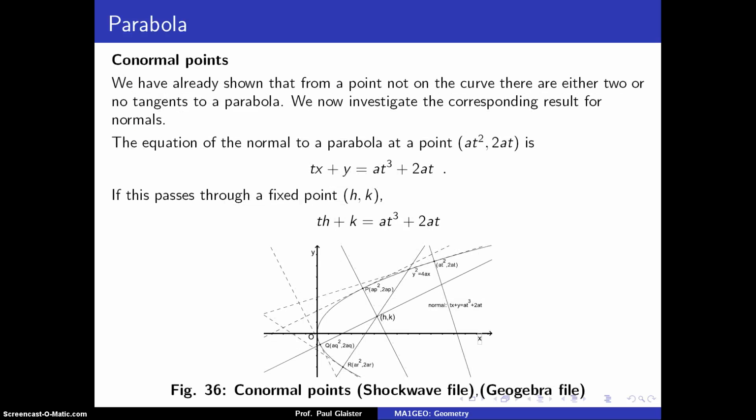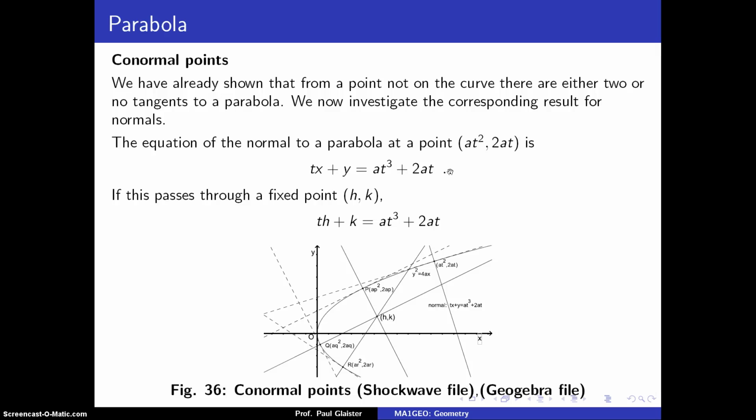So finally in this section we're going to go back to where normals meet, and we're going to consider the problem of taking a point in the plane, say (h, k), and seeing what normals pass through that point. Now we already know that at any point on the parabola with parametric coordinates (at², 2at), the equation of the normal looks like this.